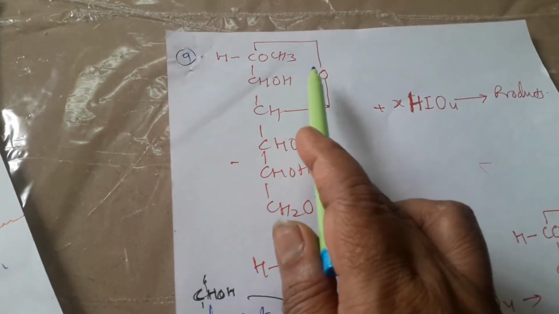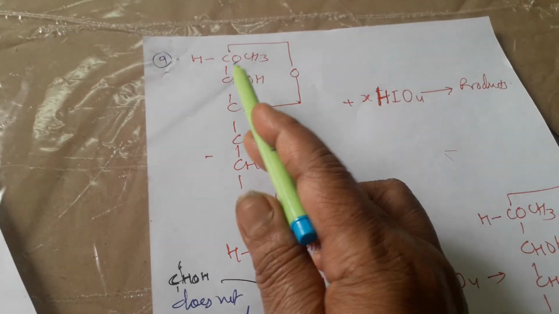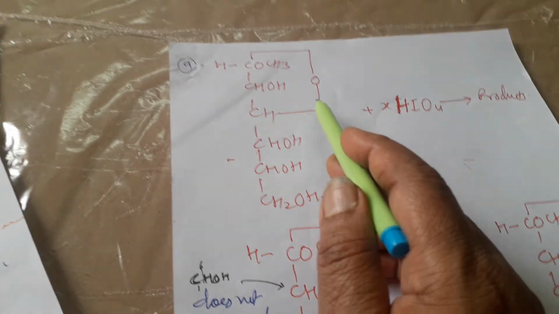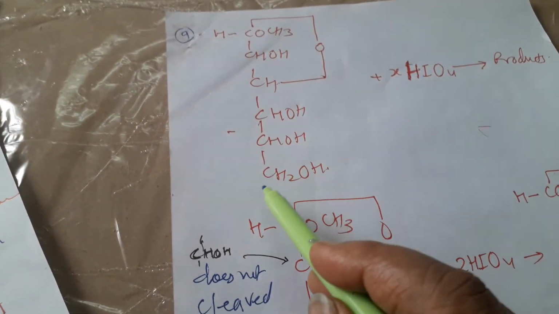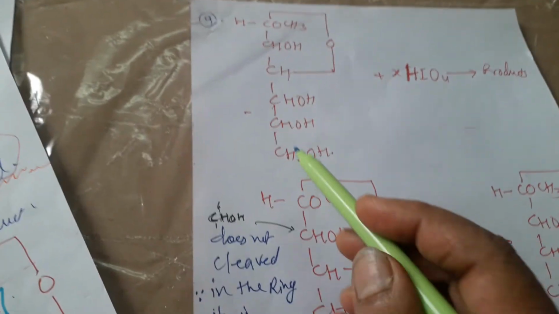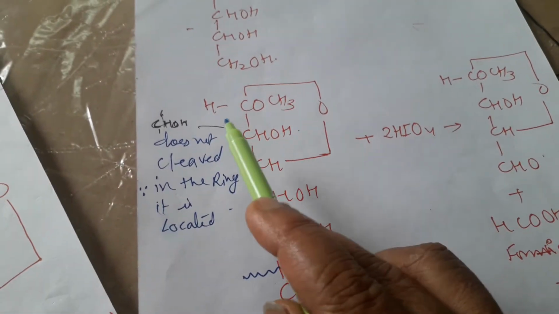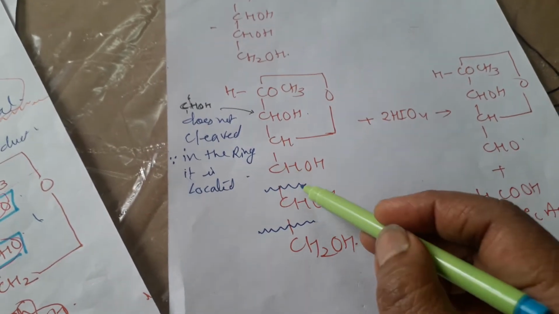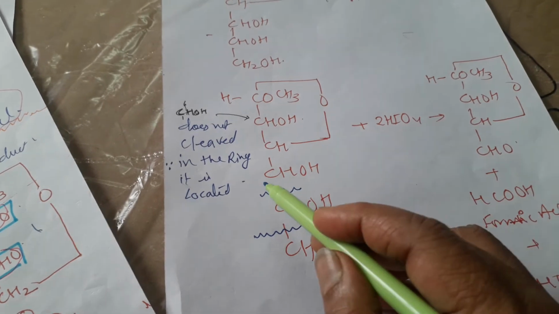See, HCO, CH3, draw this structure first. CHOH, CH. See here, only see here, 1, 2, 3, third carbon. There is a cycle. This is the acetal form. CHOH, CHOH, CH2OH. Now cleavage between this and this will occur, and then there will be no cleavage in the rest. See, I had done this. 1 cleavage and 2 cleavage. After that there will be no cleavage.